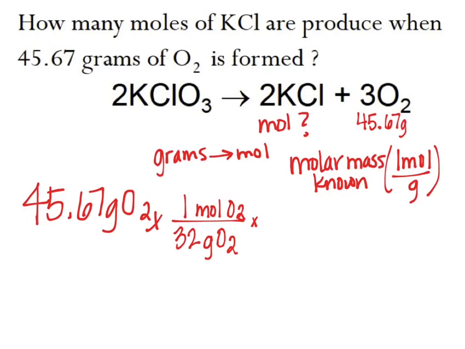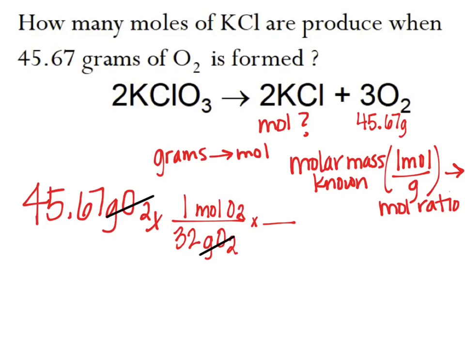And the next thing we need to do is, we are now in moles of our known, and we need to get to moles of our unknown. So now we use the mole ratio. We need the ratio of our known on bottom.